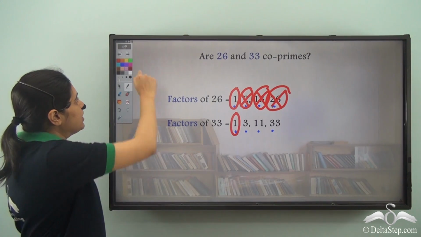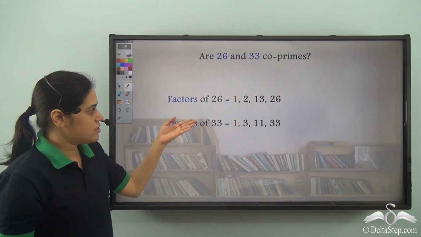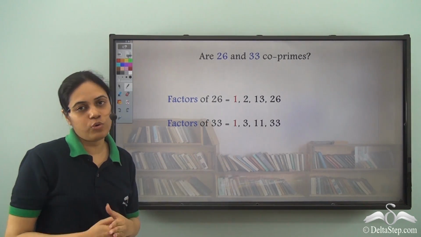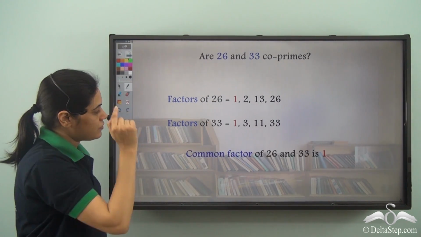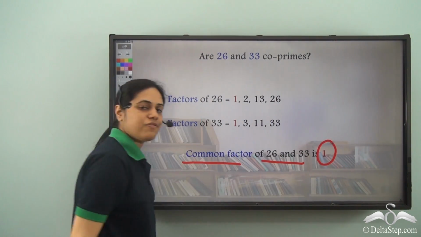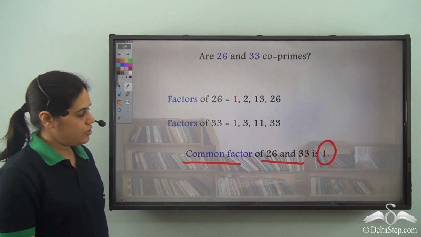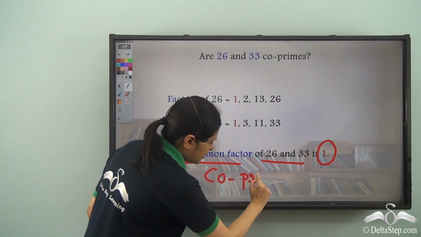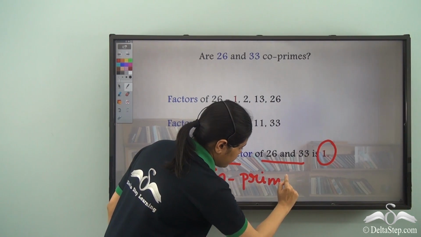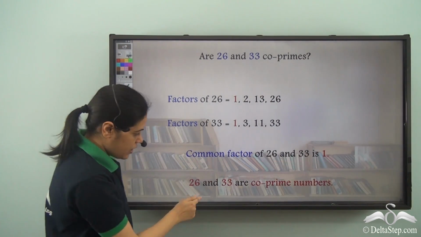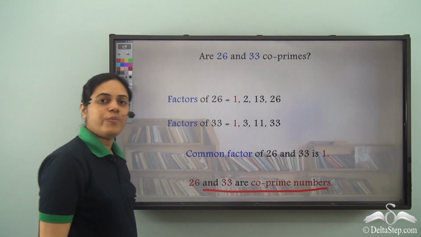So I see that the common factor of 26 and 33 is only 1. So the common factor of 26 and 33 is 1 and just 1. So I can say that 26 and 33 are co-primes. So they are co-prime numbers or co-primes.